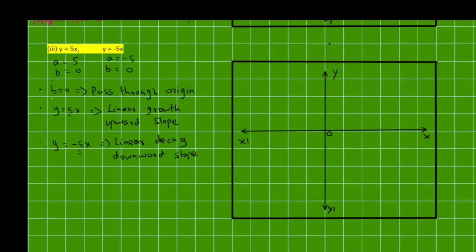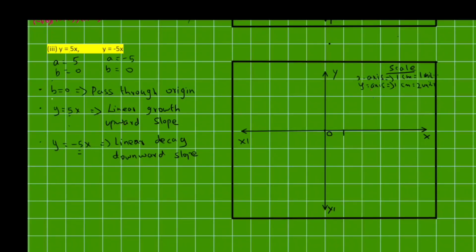No, we cannot get 5. So once again, we will take 2 units. So my scale is: x-axis, 1 centimeter is equal to 1 unit, as well as y-axis, 1 centimeter is equal to 2 units.